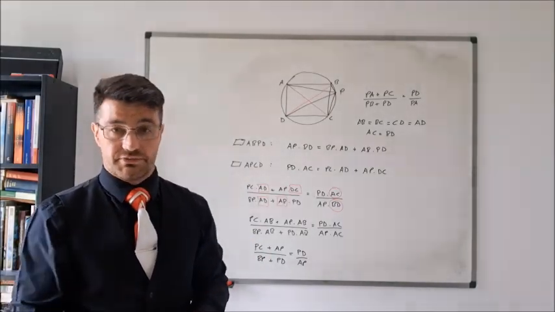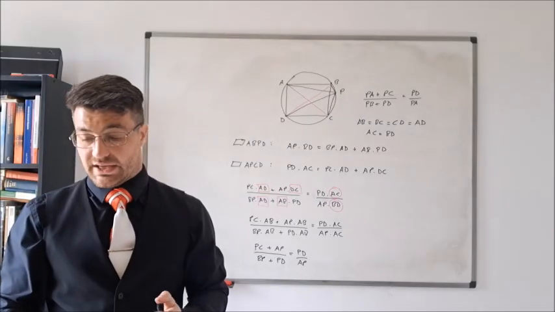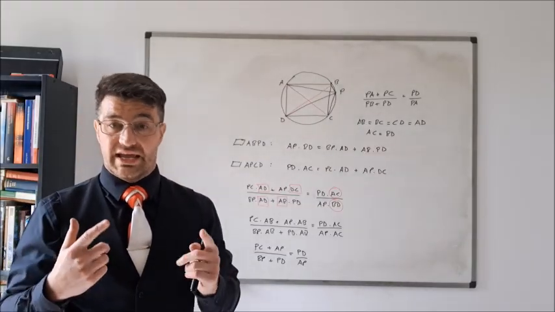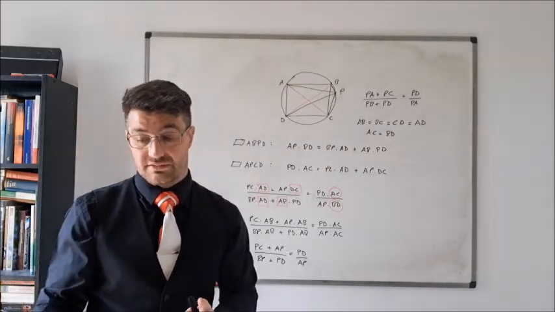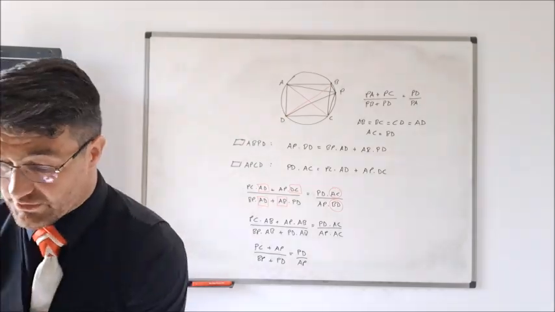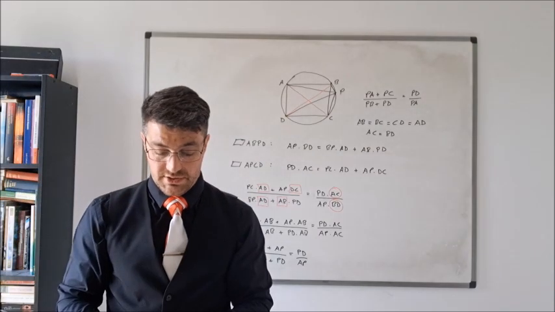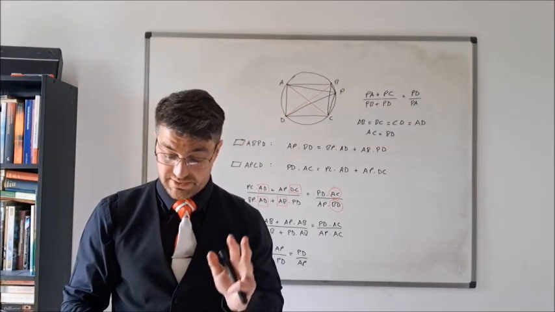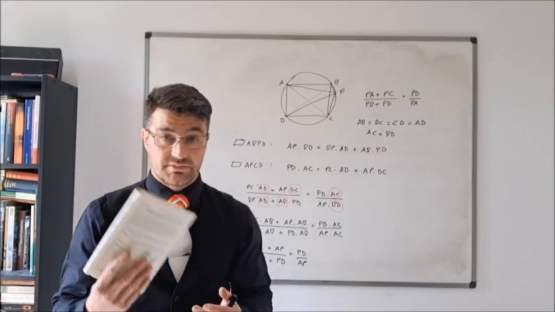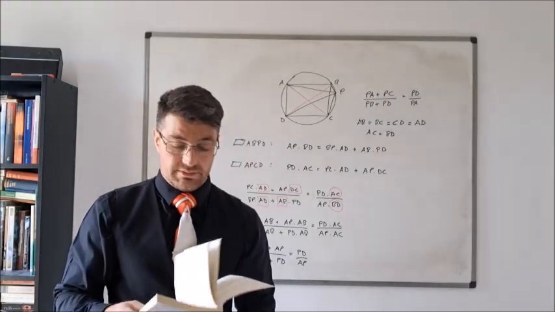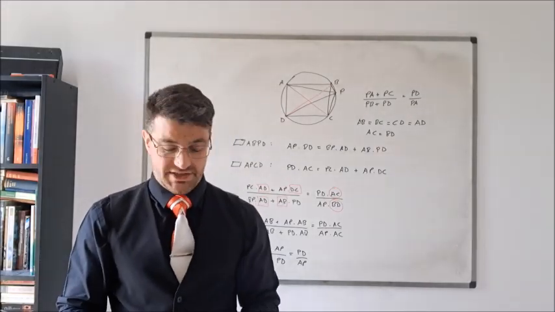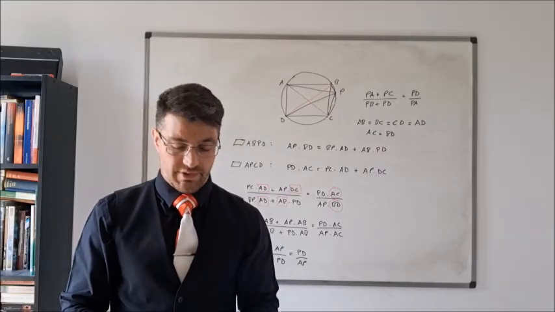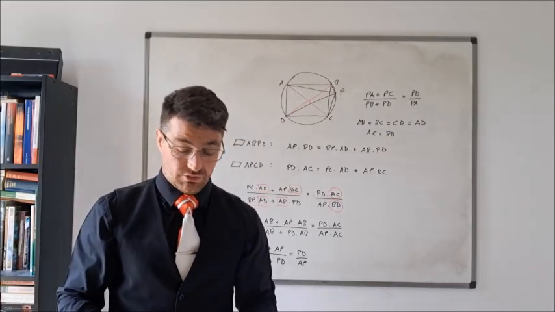I'm not going to present a proof of Ptolemy's theorem in this video, but by the way, it is one of the problems set in this book. It's from the same chapter, chapter 7, problem number 1. But I did try to find a solution to it myself, to prove Ptolemy's theorem myself.